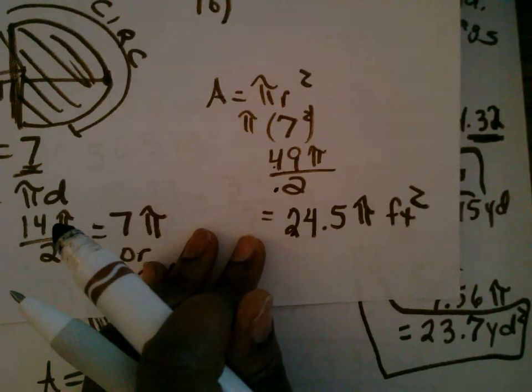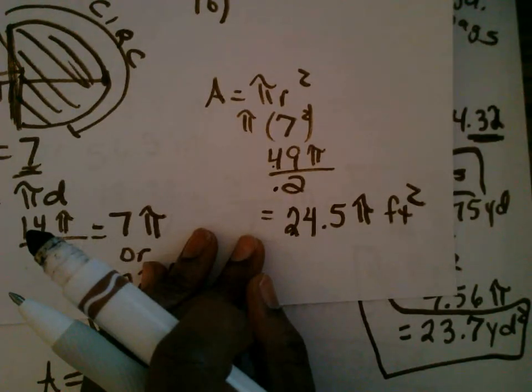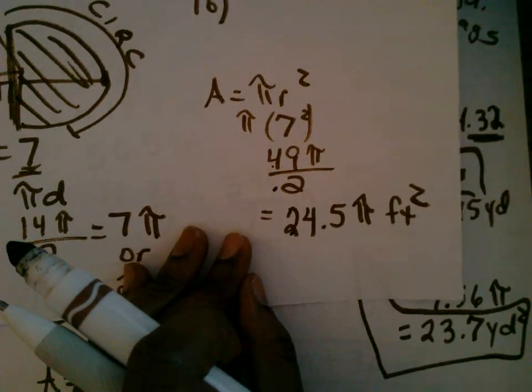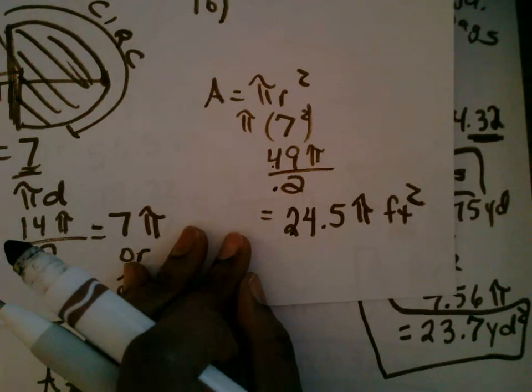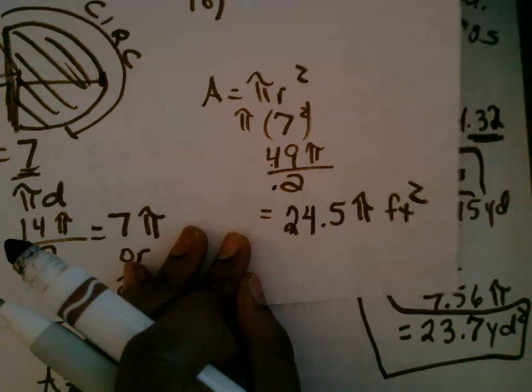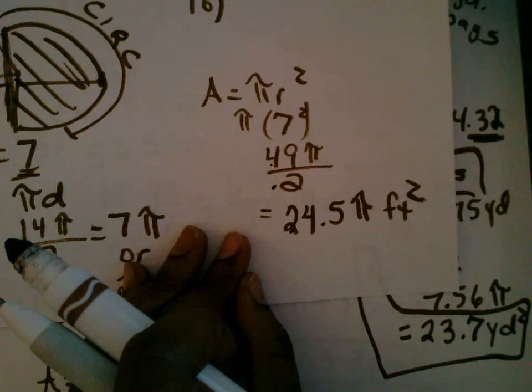If you don't want to leave the pi, then multiply 24.5 by 3.14. So if I put my final answer as 24.5 times 3.14, would I still get it right? Yes. Okay, I think I got it wrong.